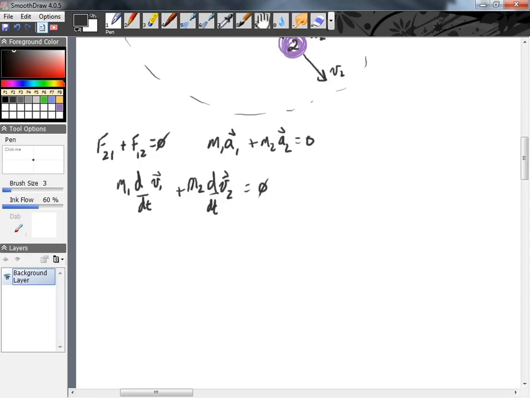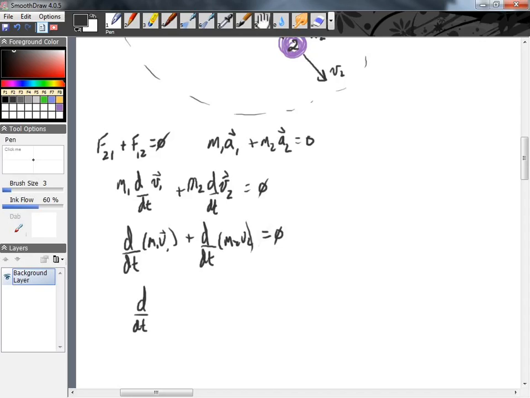So we can rewrite this whole thing as d/dt of m1 v1 plus d/dt of m2 v2, and this will still equal 0. And we can even take this the next step further.